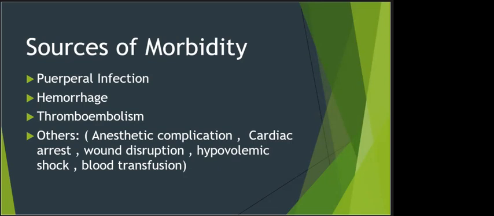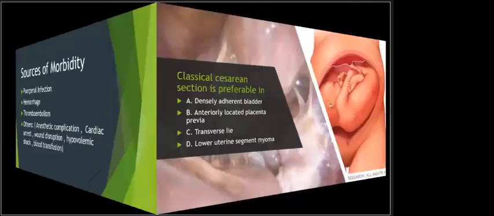The patient might go into arrest while doing the procedure in cases of cardiac disease or aneurysm. Okay, the wound might be disrupted after the surgery due to poor hygiene, poor nutrition, and non-compliance to medications. Blood loss during the procedure, hypovolemic shock, or a blood transfusion itself.